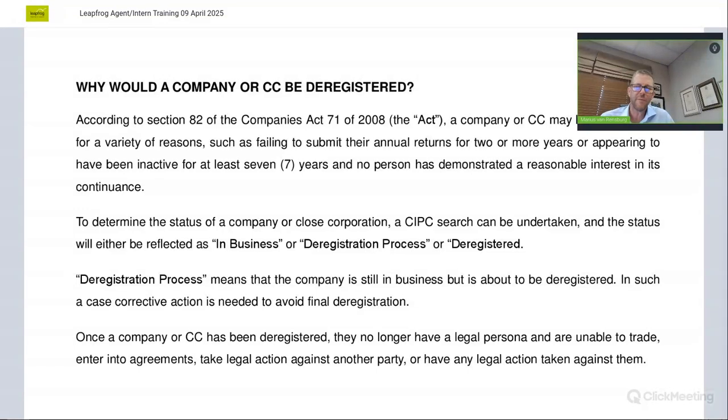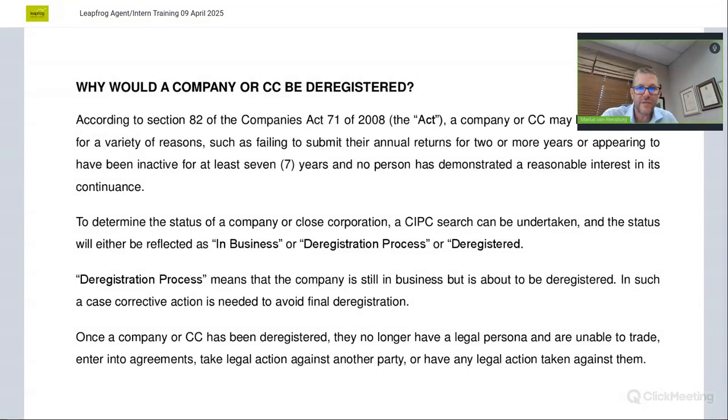So with the advent of the New Companies Act, what actually happened was that you had thousands of companies and closed corporations. I mean, literally thousands. And many of them, because owning a company or closed corporation is a national sport in this country, many people form companies, they do something that they don't do anymore, or they form it because they want to do something. So literally you've got these companies hanging around the company's office, but they're doing nothing.